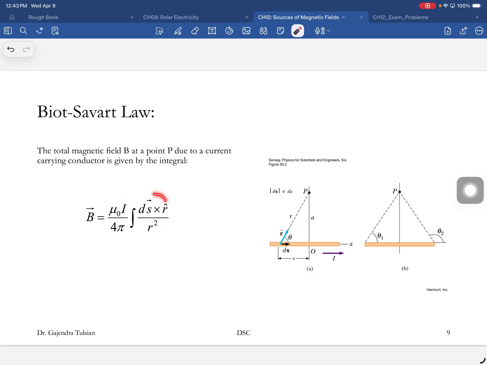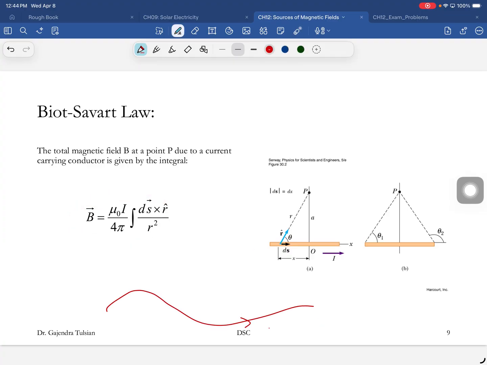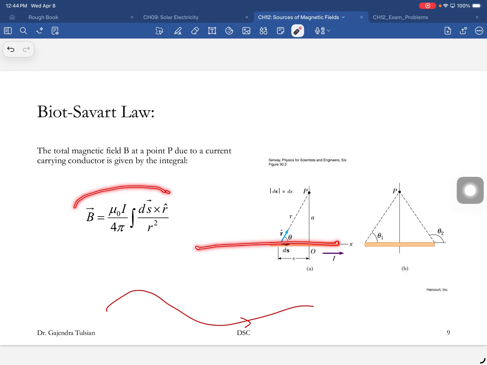Now this integral in general, like I said, is impossible to do for a general current like this. But when the current has a symmetry to it, then you can do this integral. So for an infinitely long straight conductor, we can do this integral.